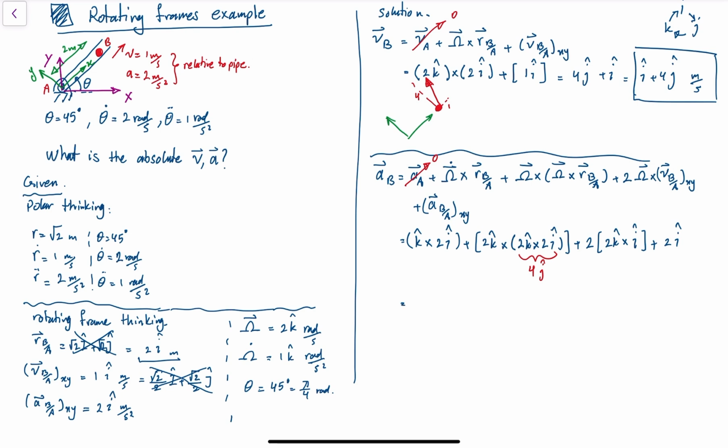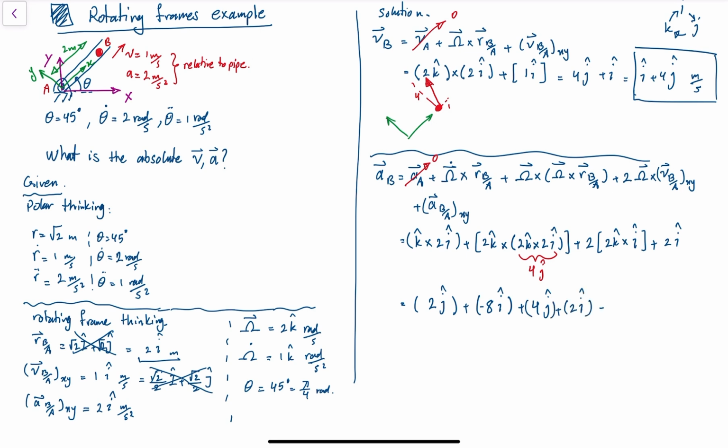So now the first term becomes 2j. Then 2k cross i. Now I have 2k times 4j, that is 8k cross j, which is minus i, plus I have 4k cross i, another j, plus 2i.